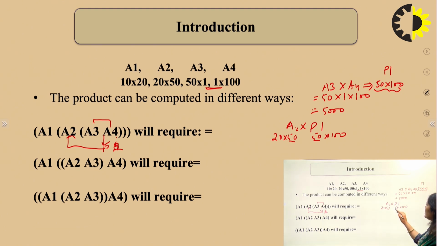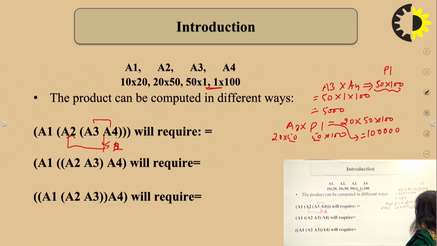How many scalar multiplications do I need to compute? When I multiply A2 by P1, I perform 20 cross 50 cross 100 scalar multiplications, so these many multiplications I need to calculate.